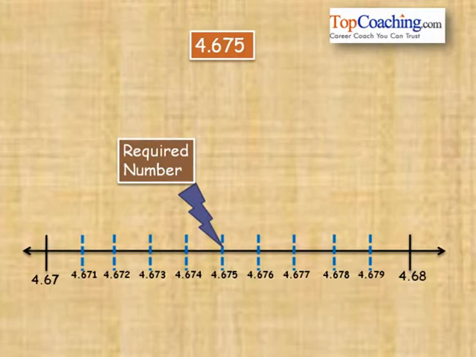Then again we consider that section and divide it into 10 equal parts and again try to figure out where the required number lies. Continue this process till we get the required number, and this is actually the way we represent any number on the number line. And for practice you can take different real numbers. This was all about the real numbers, their decimal representation and how to actually represent real numbers on the number line.